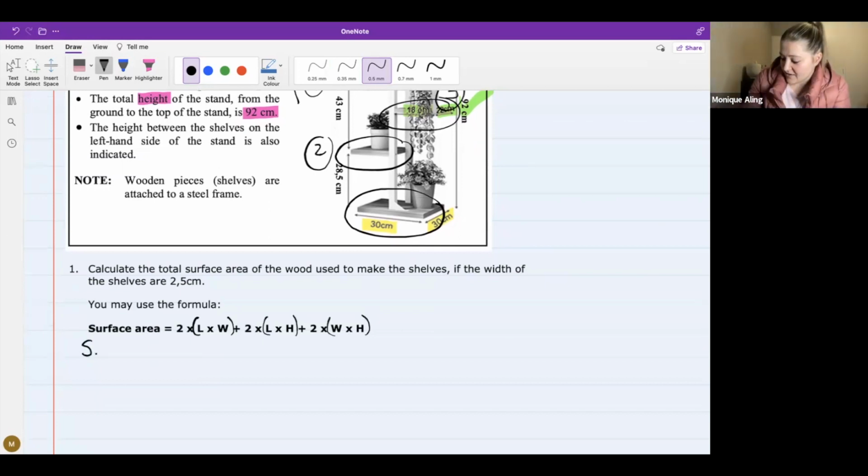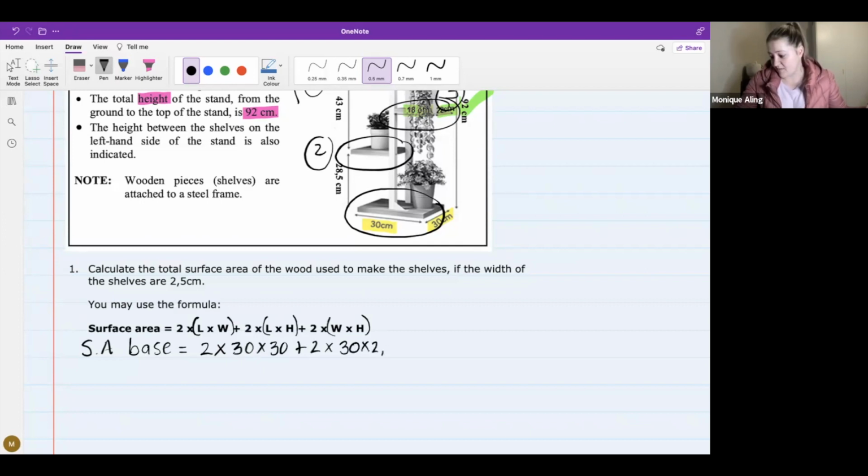So surface area of the base is our 2 times 30 times 30 plus 2 times 30 times 2,5 plus 2 times 30 times 2,5.